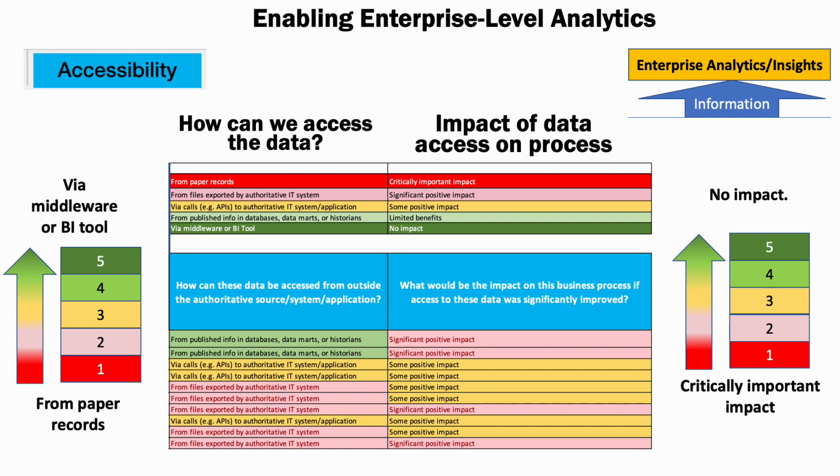The question on the right side assesses the impact of having enterprise-level access to different data categories, whether it is a must-have or a nice-to-have. This information helps the improvement team to prioritize the areas for improvement.